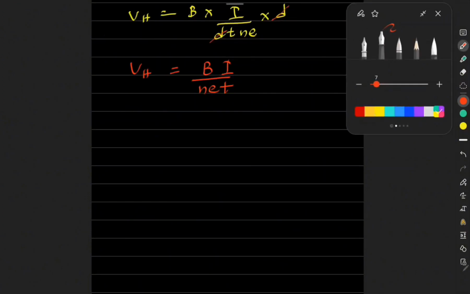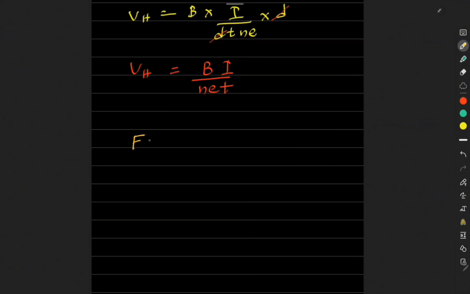We can derive another equation for velocity. Let's look at that. FE equals FB. We know E into Q equals the electric field force, into B v Q, and this Q will be cancelled off, and we get v equals E over B, the electric field intensity divided by the magnetic field intensity.